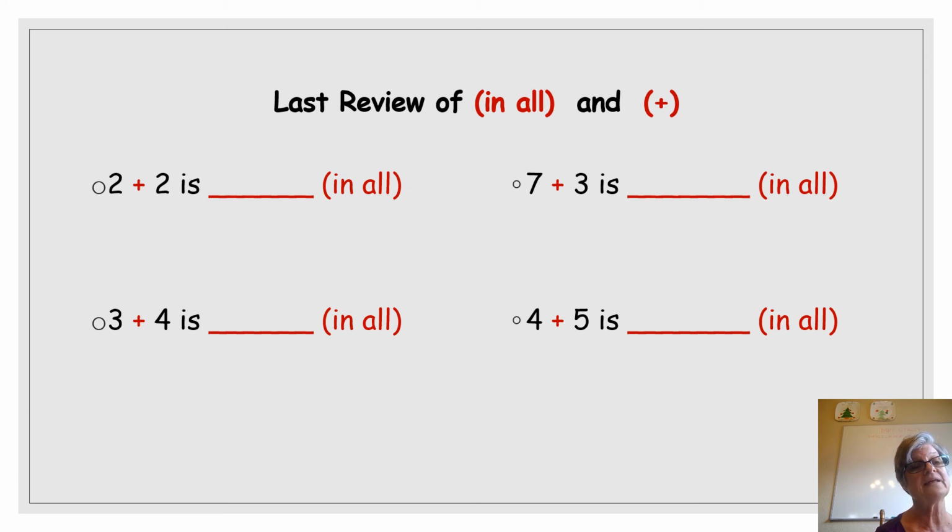Now it says 2 plus 2, so you need to take your other crayon and draw 2 more objects. So you have 2 objects in one color and 2 more in a different color. I will wait.